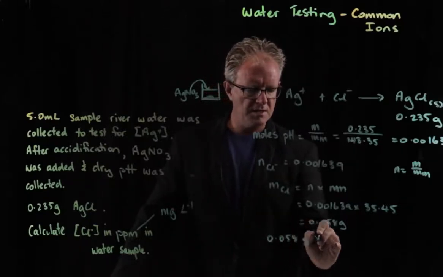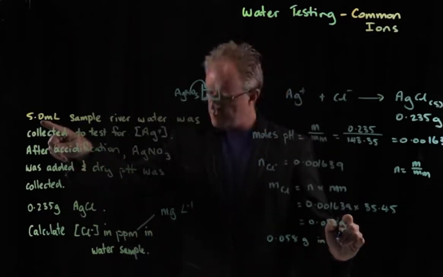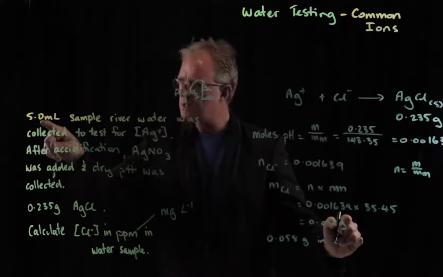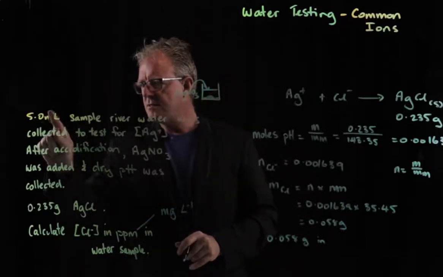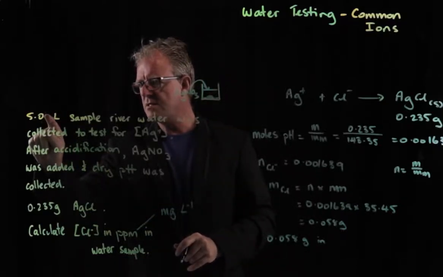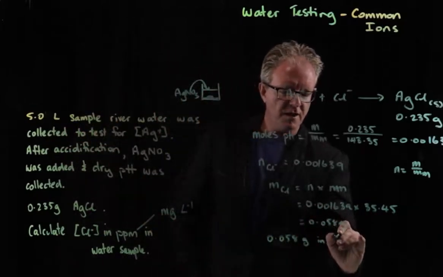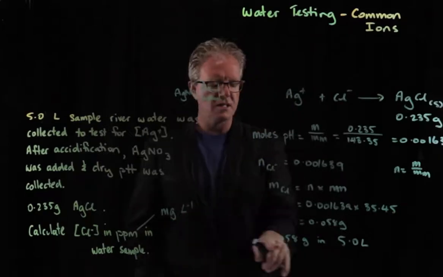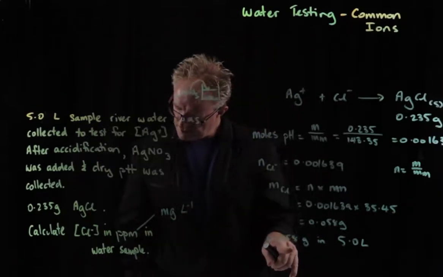So we've got 0.058 grams in, and what do we have? 5 mL. Oh, it should have been 5 litres. It's getting carried away there, so let's just fix that up. Okay, so it's 5 litres. So in 5 litres, remember we wanted milligrams per litre, so let's first of all change this to milligrams.